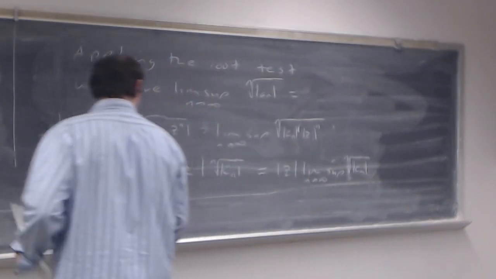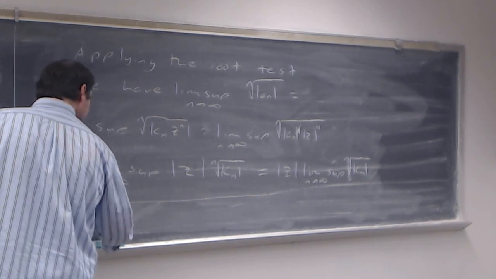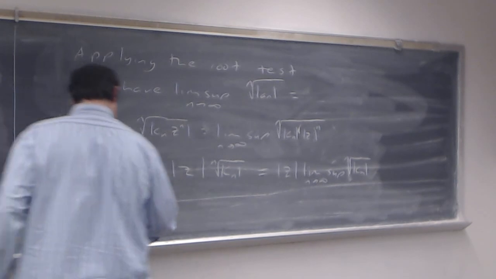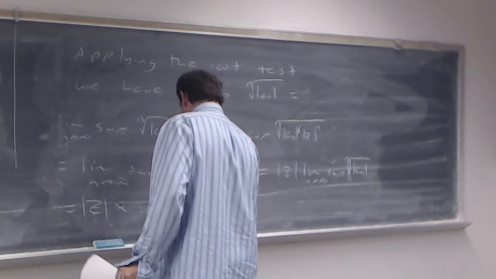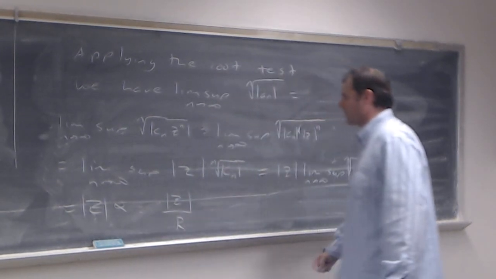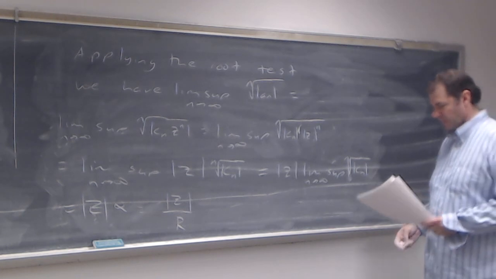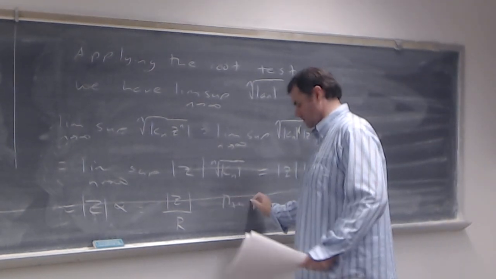But that's equal to alpha, so that's equal to the norm of z times alpha, which is equal to the norm of z over r. Now what we know is that this is going to converge, provided this guy is less than 1.